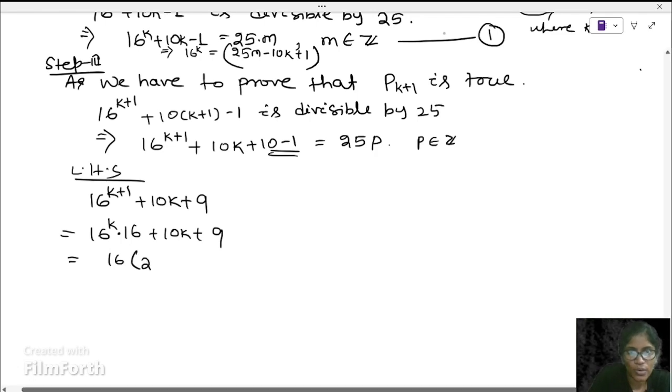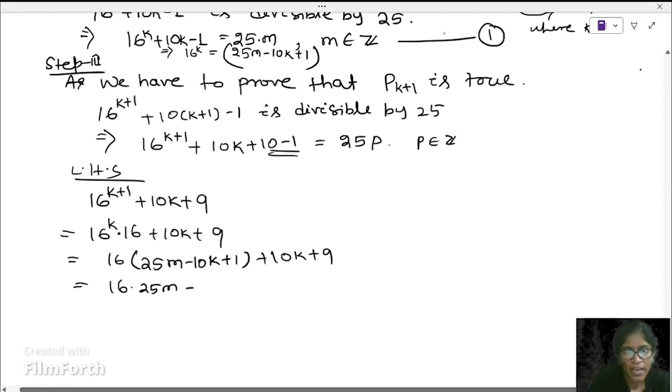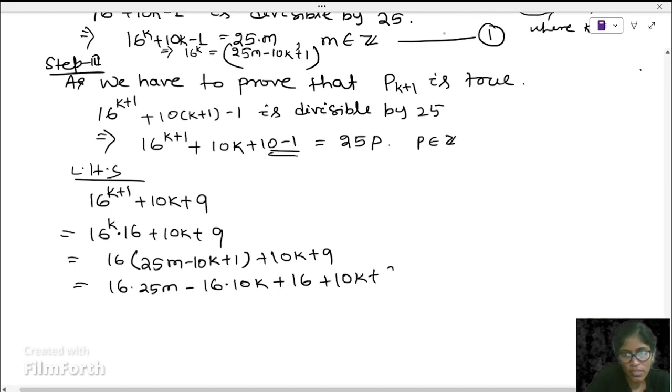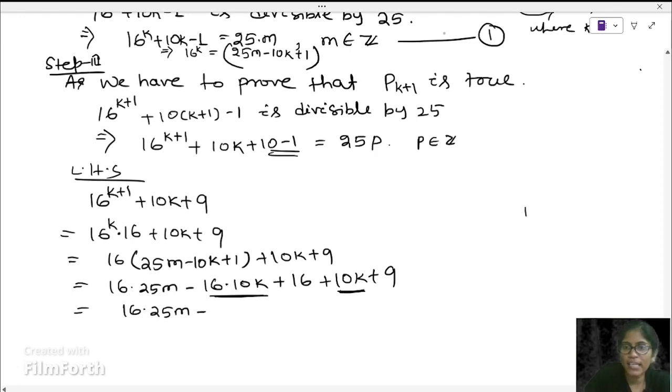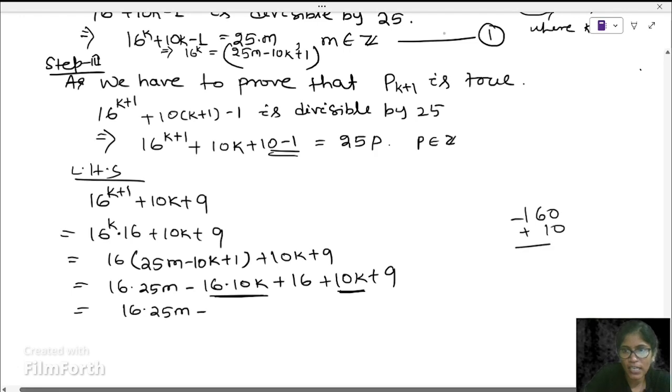So it is 16 into (25m minus 10k plus 1) plus 10k plus 9, which equals 16 into 25m minus 160k plus 16 plus 10k plus 9, which equals 16 into 25m minus 150k plus 25.